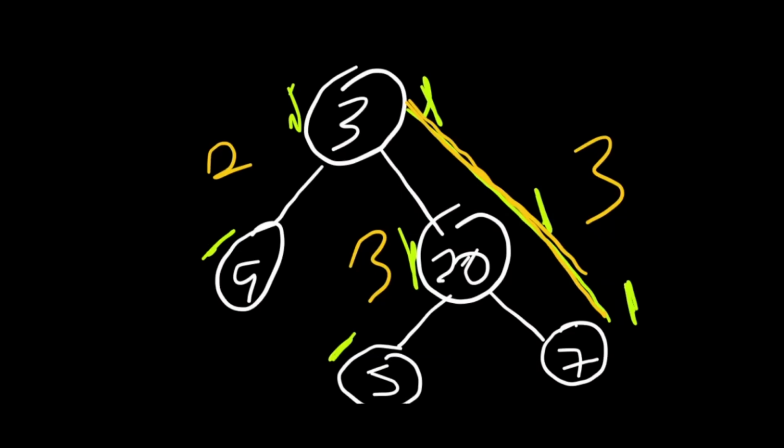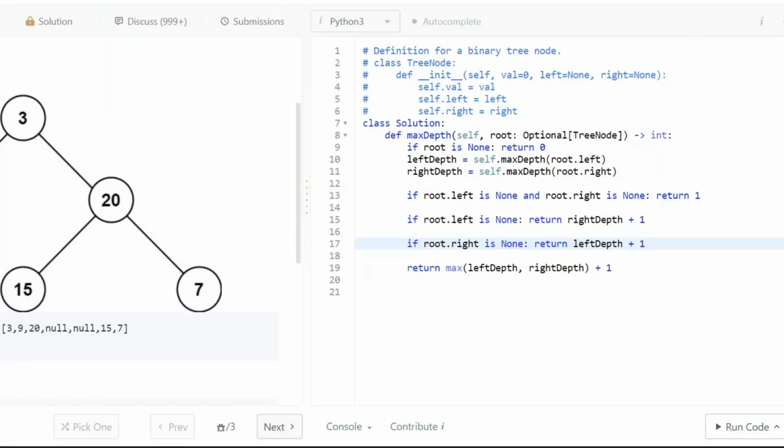But since recursion uses the call stack under the hood, there is no need for us to declare a stack data structure. We can just take advantage of recursion, and that is what we are going to be doing in this code. All right, so I have written the code.